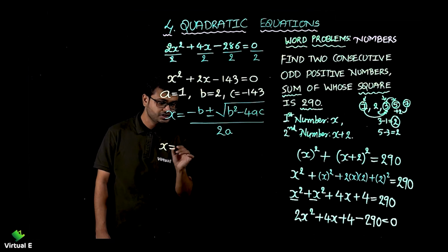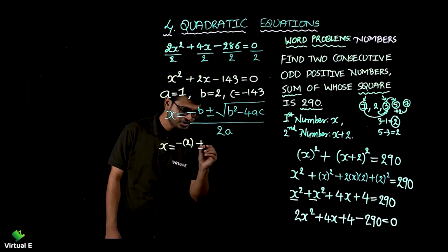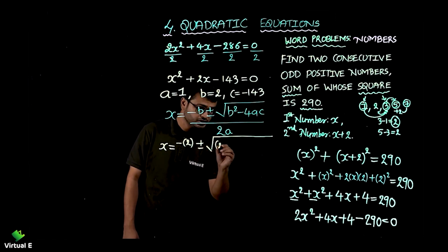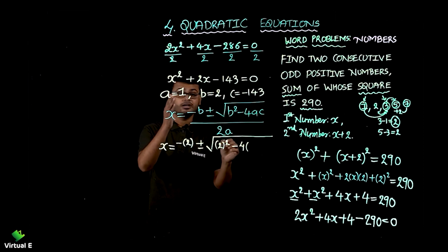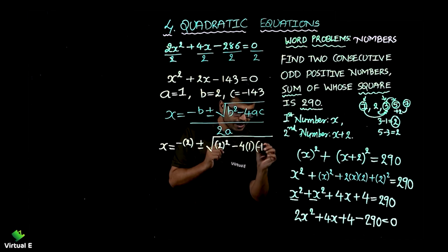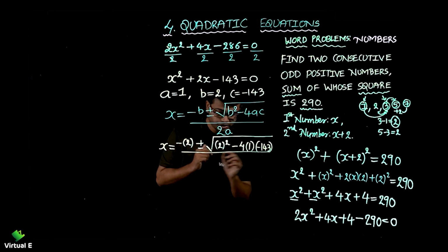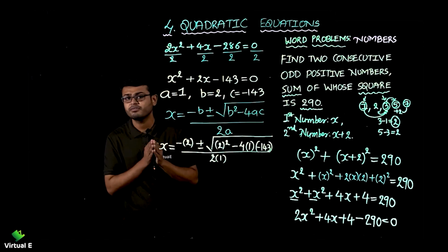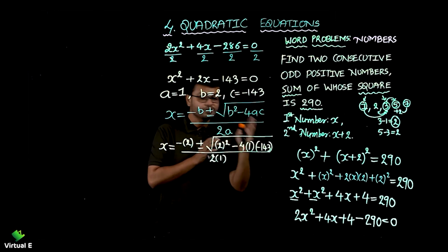Now let's substitute the values. So x is equal to minus b, which is minus 2, plus or minus the square root of b square, which is 2 square, minus 4 times 1, the value of a, times minus 143, the value of c, and denominator 2a, which is 2. Simple, we have substituted the values. Now let's simplify 2 square minus 4 into 1 into minus 143.